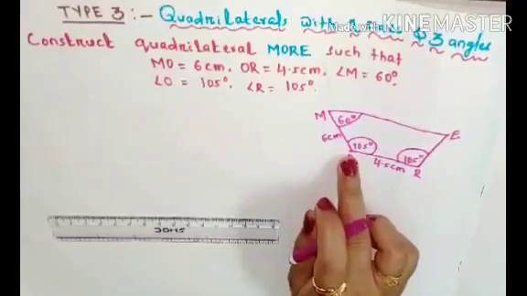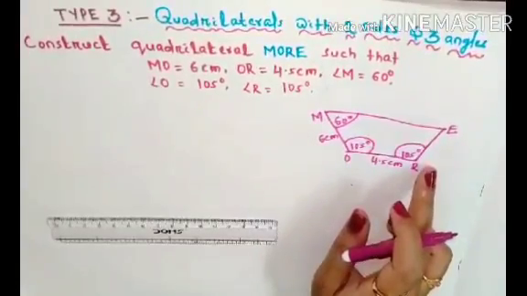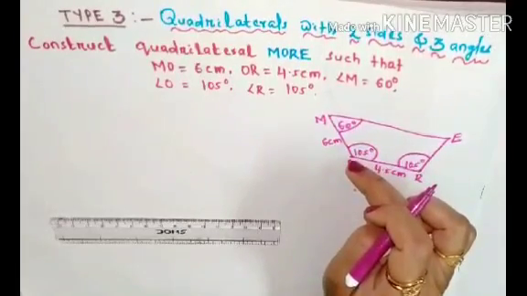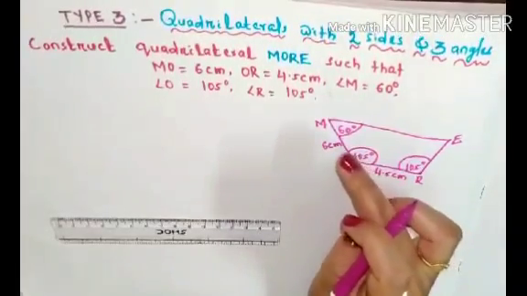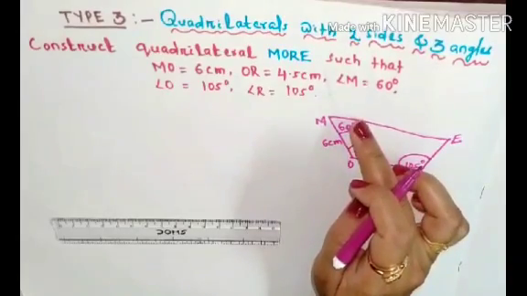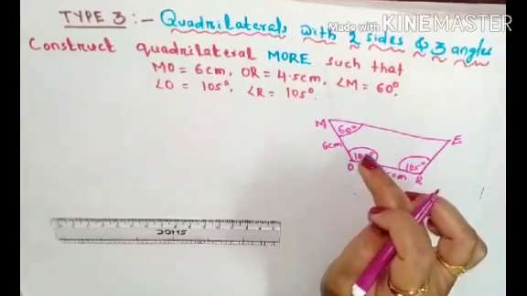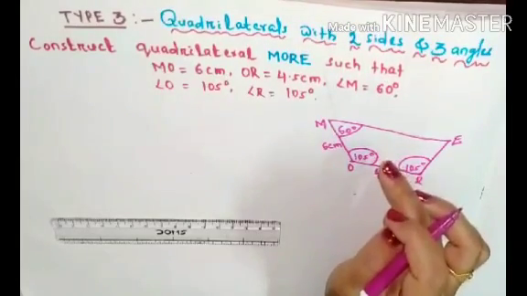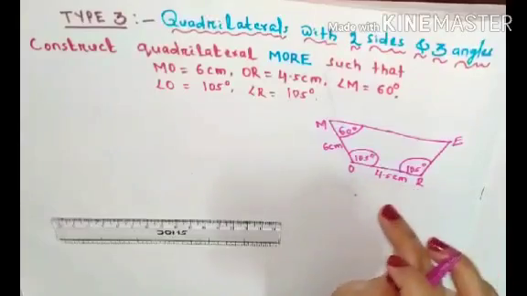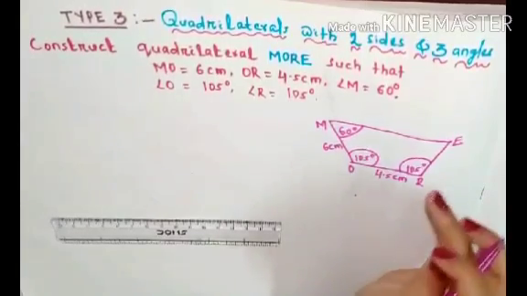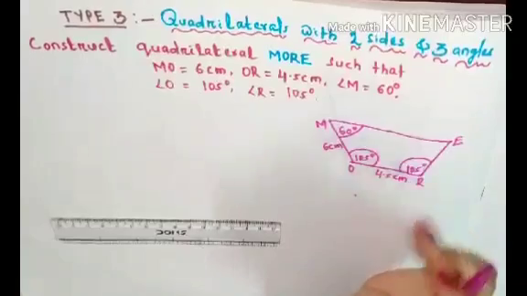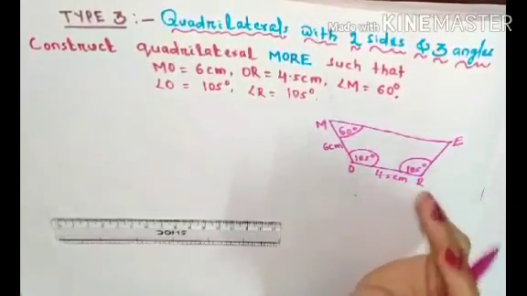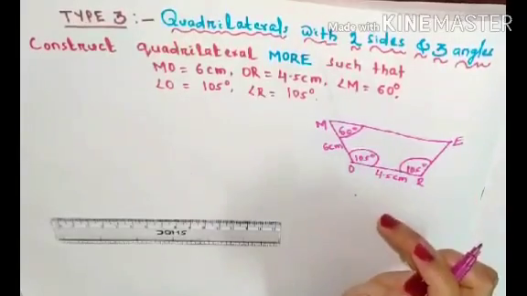We know angle O, we know also angle R. In fact, we can also start with MO because in MO you know angle M and angle O also. So the line which you are drawing becomes your base. Over that, other things you have to draw. It is always good to choose a line whose length is known to you and whose angles are known to you. So that's why we choose this line first.